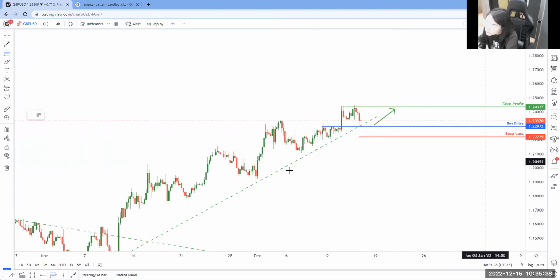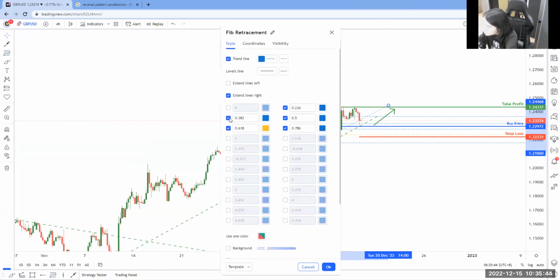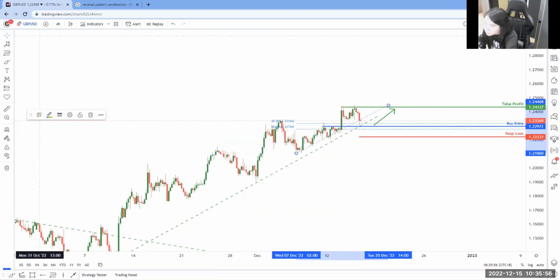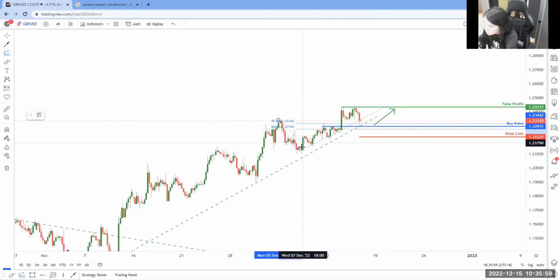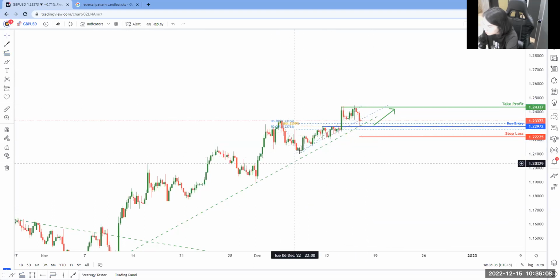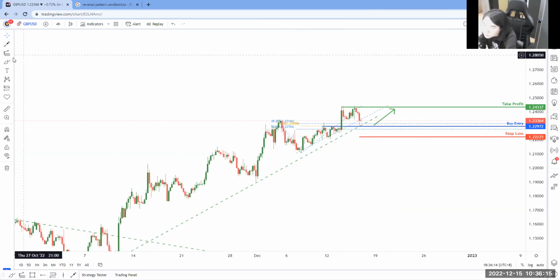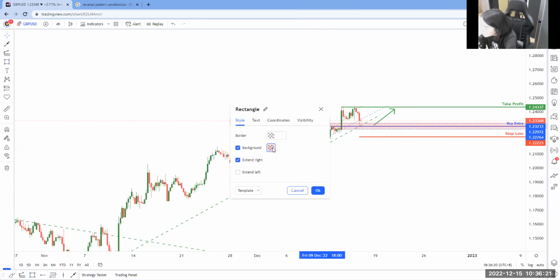Okay, I'm going to use Fibonacci retracement to see how valid this buy is. Okay, guys, I think we should be okay for a buy for GBP USD.